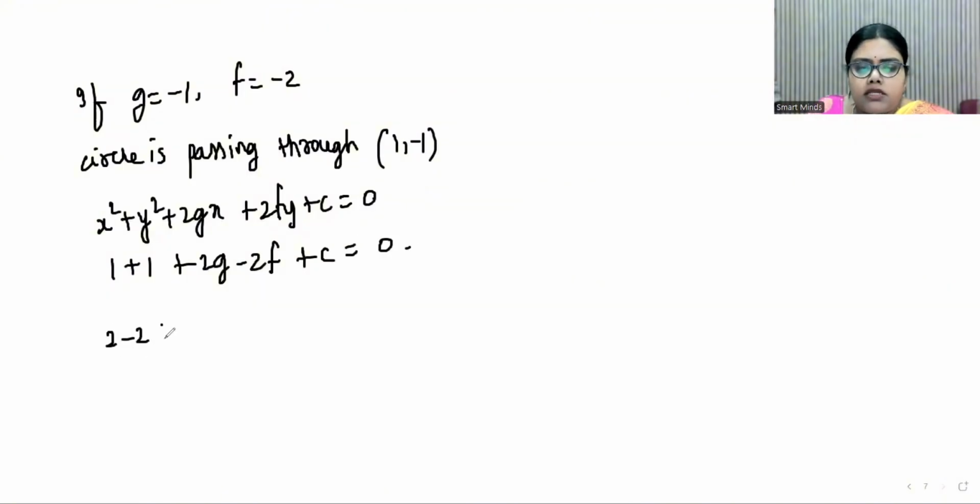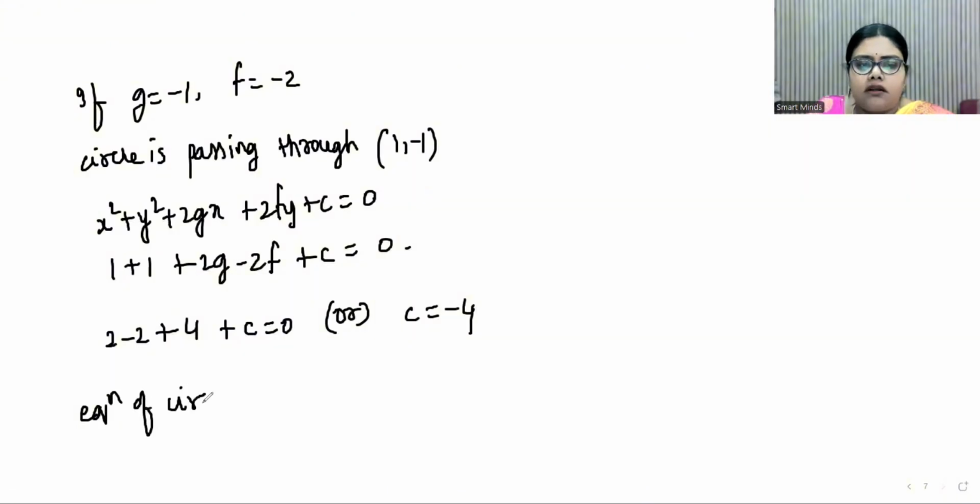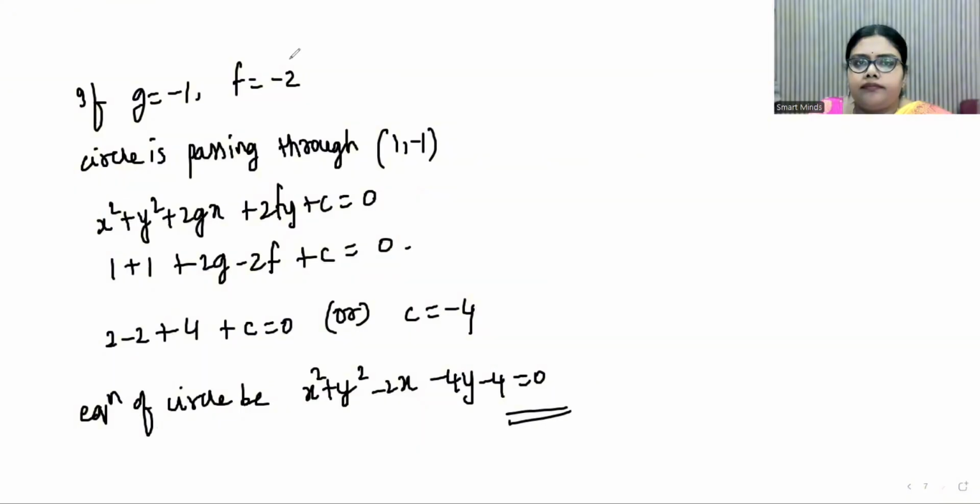So 2 minus 2 plus 4 plus c is equal to 0, or c is equal to minus 4. Now what is the equation of the circle? Equation of the circle is x square plus y square minus 2x minus 4y minus 4 is 0.